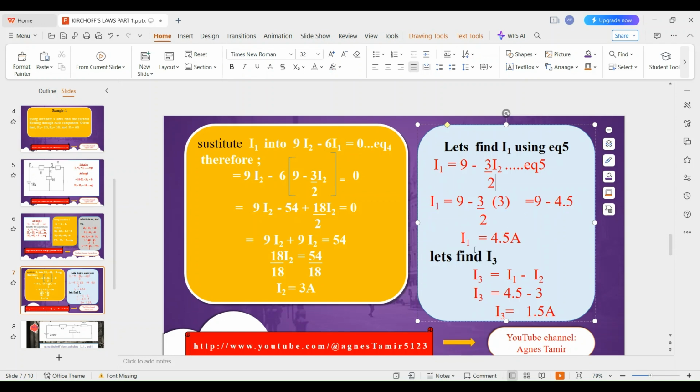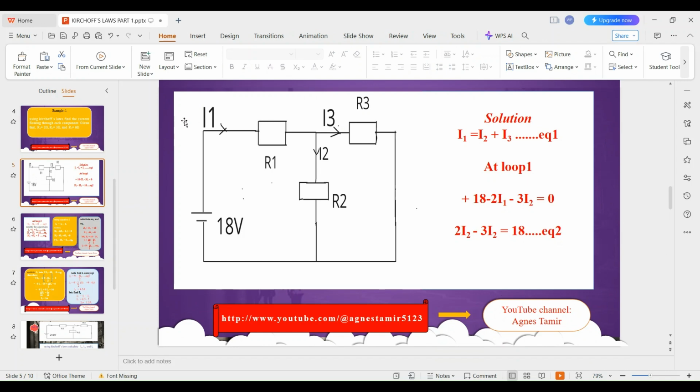Current 1 will be 4.5 amperes. Remember we said in equation 1 that I1 is equal to I2 plus I3. Therefore, I3 will be given by I1 minus I2. So I3 is 4.5 amperes minus 3.0 amperes, which is 1.5 amperes.